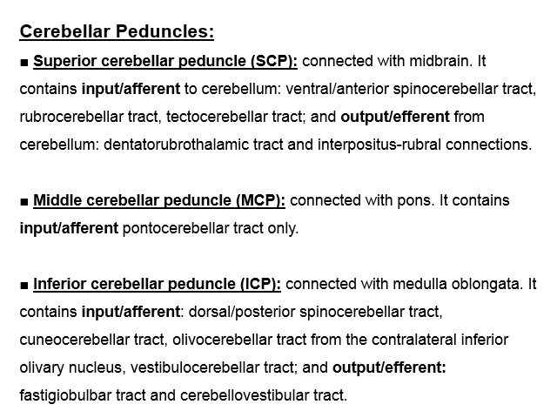It contains input or afferent from the dorsal or posterior spinocerebellar tract, plus the cuneocerebellar tract and the olivocerebellar tract from the contralateral inferior olivary nucleus, in addition to the vestibulocerebellar tract. All of these are input into the cerebellum. The output, the efferent going out from the cerebellum through the inferior cerebellar peduncle, is the fastigiobulbar tract and the cerebellovestibular tract.